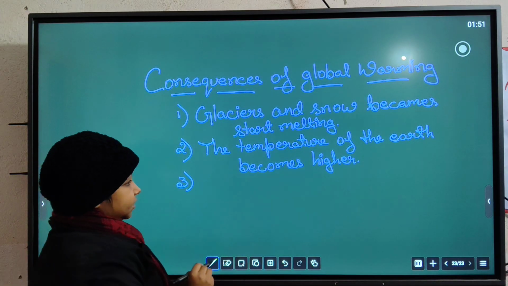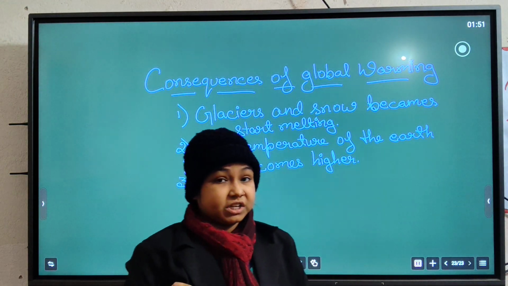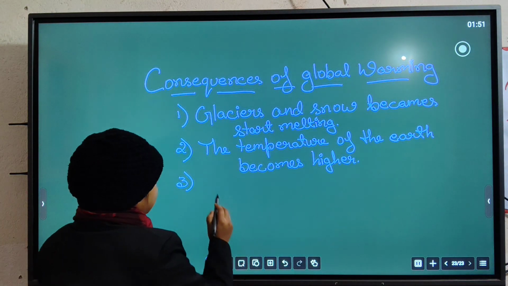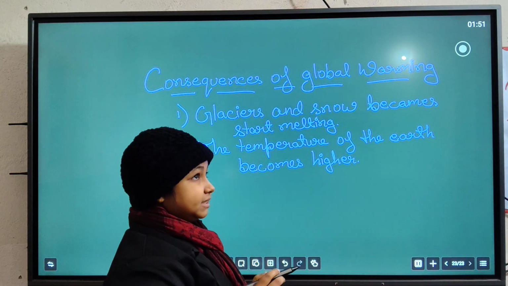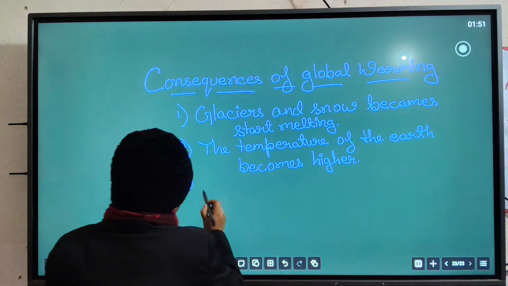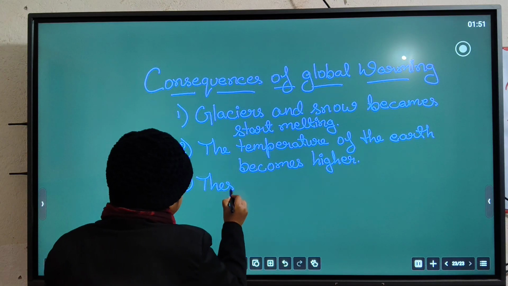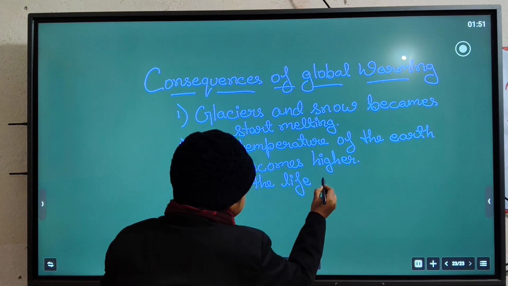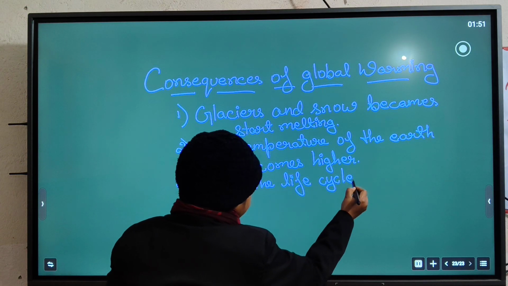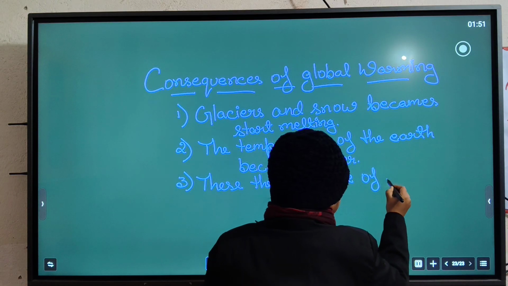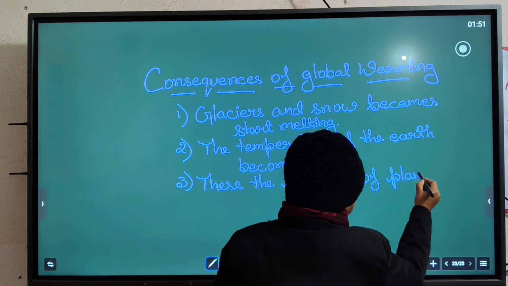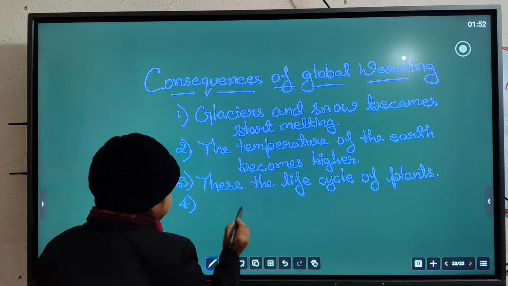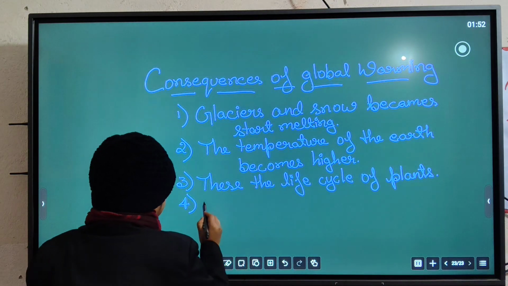Next, these effects change the situations for plants. They change the light duration and change the life cycle of plants. And birds' migration is also affected by global warming.